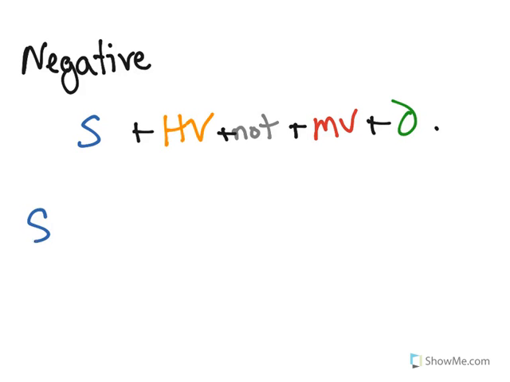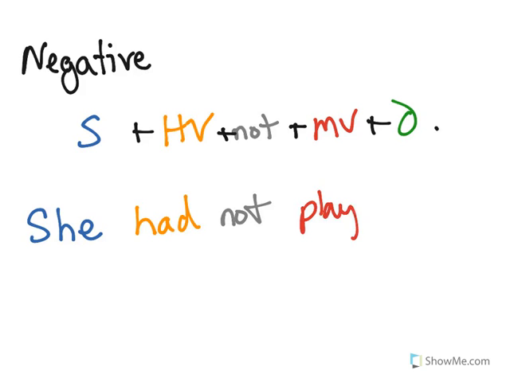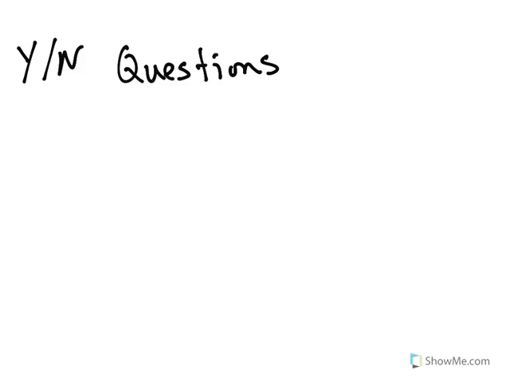So we might say something like, she had not played music. She had not played music. And then I can use the contraction form. Had not becomes hadn't.